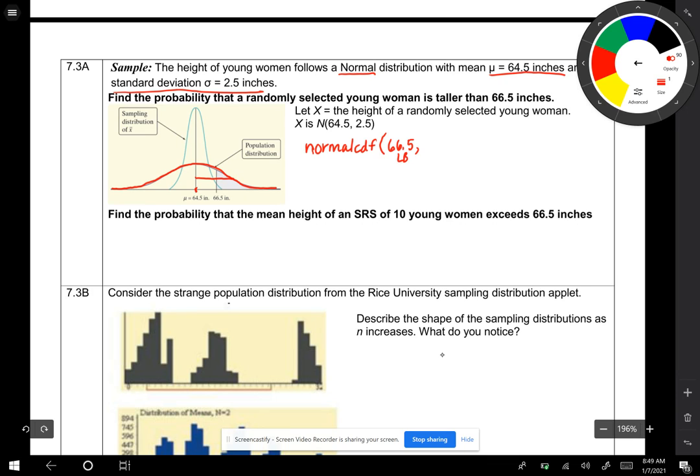Upper bound, I like 1,000. You can use 100. I mean, it's not going to change your answer. Our mean is 64.5. And our standard deviation is 2.5 because this is from the population. So that's why I'm not calculating a different standard deviation. And that gives us a probability of 0.2119.